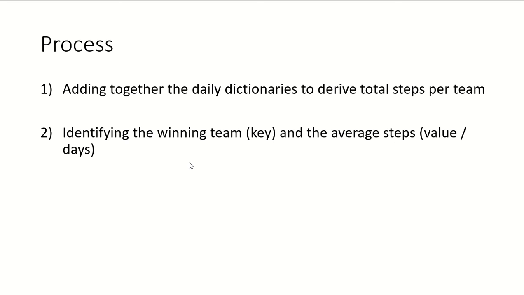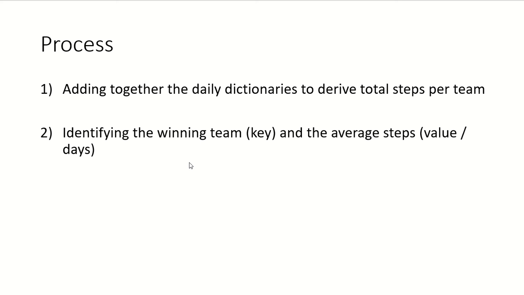This one concerns a walking steps competition where the input data were dictionaries covering all the teams on each of the 3 days of a competition. You were asked to write a program to identify the winner and the average number of steps. There are 2 broad sections of a program that answer this.